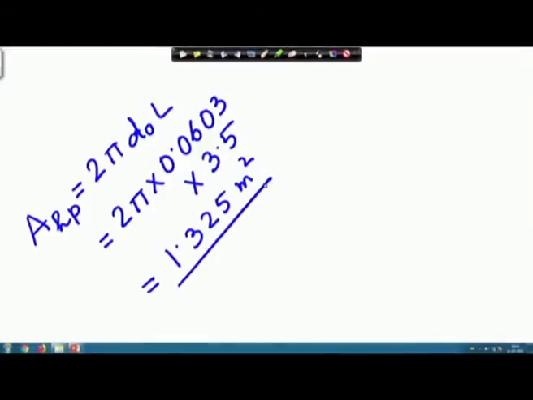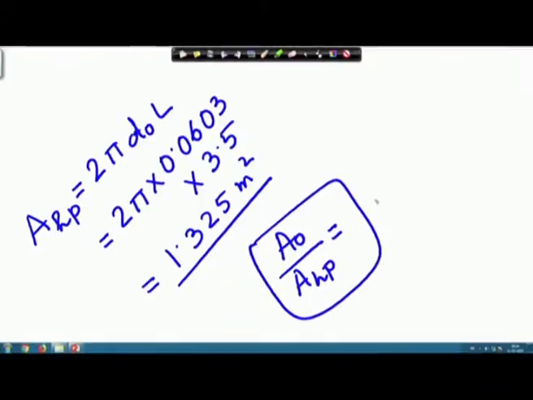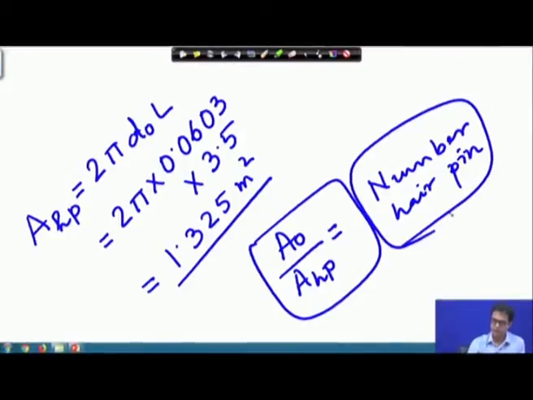Once we know the A_0 and the area per hairpin, we will be able to calculate the number of hairpins. You can try calculating this A_0 from that, and this is already given, so that will give you the total number of hairpins.